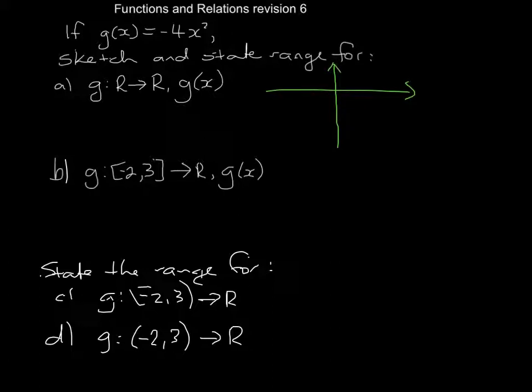So in this case, it's going to be all underneath the x-axis, for y and for x, and the graph will look something a bit like that, and the range is going to be everything below the x-axis and including the x-axis, so the range will be equal to negative infinity through to 0.